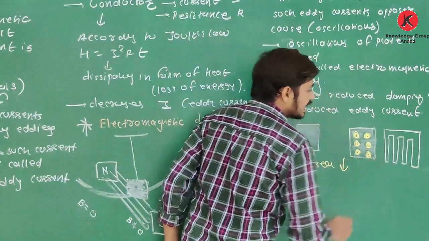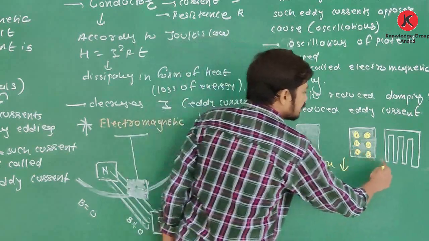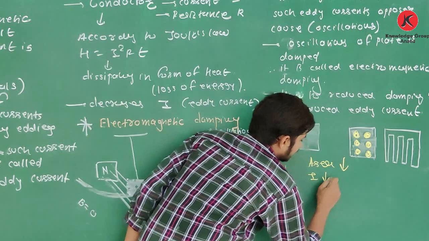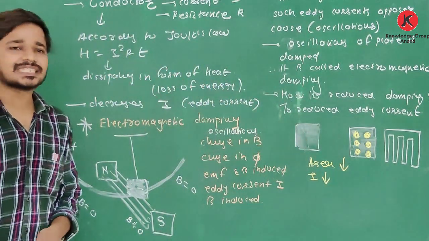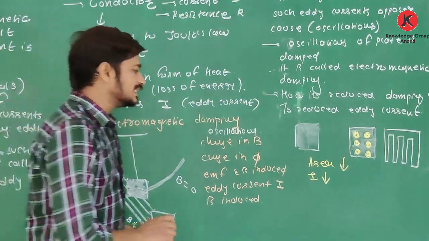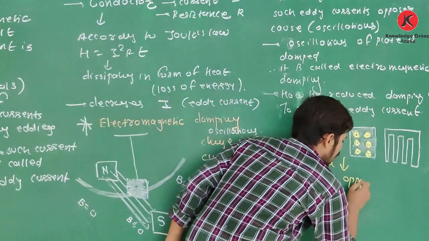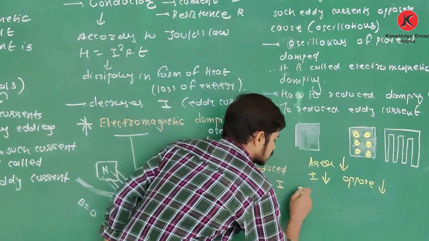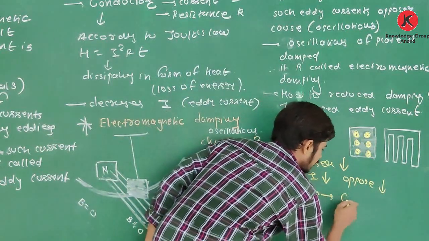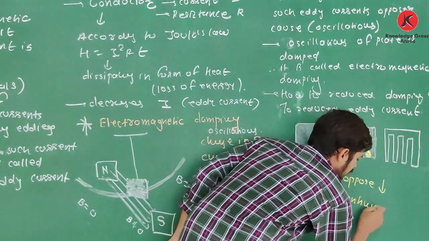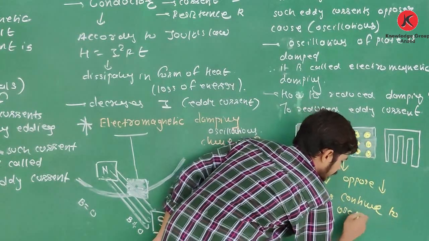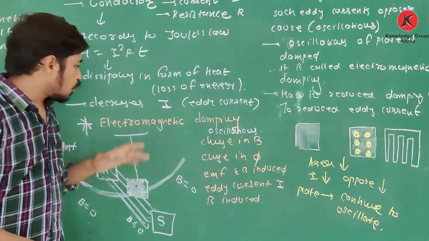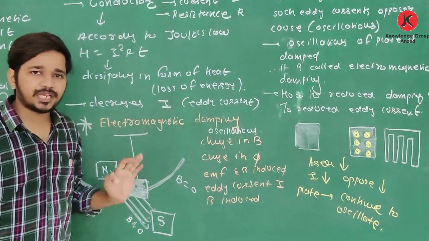So yes, eddy current decreases, and eddy current decreases means opposition decreases. And opposition decreases means this plate will continue to oscillate. Clear about this?